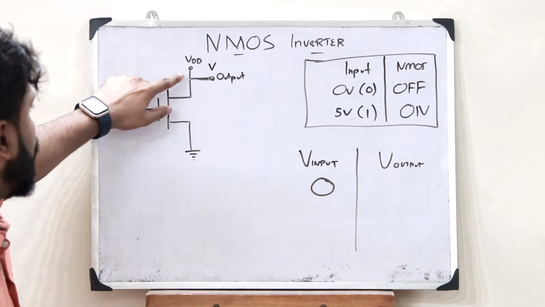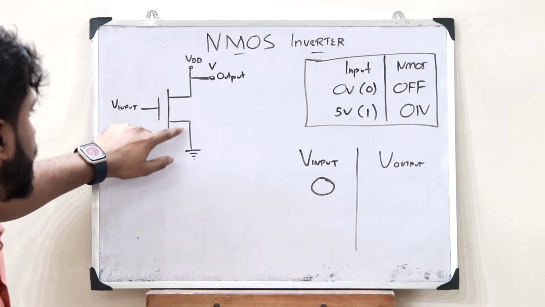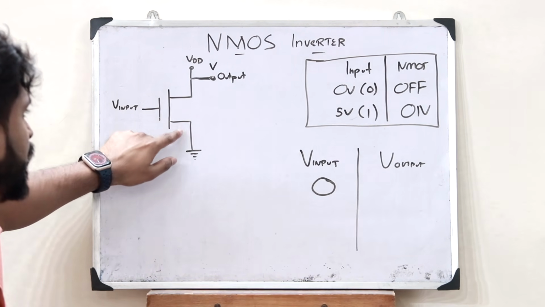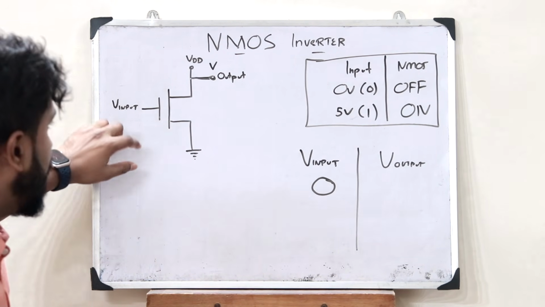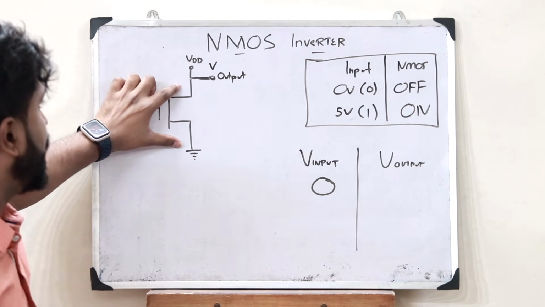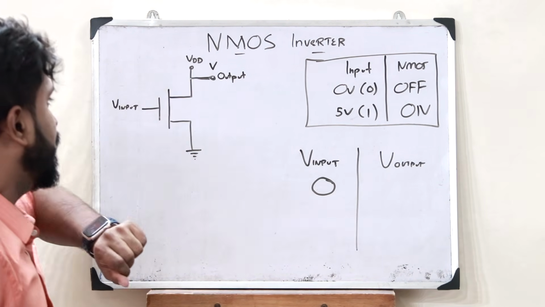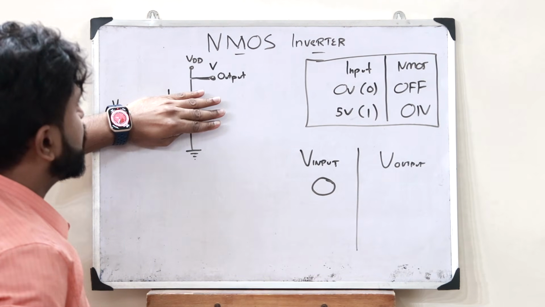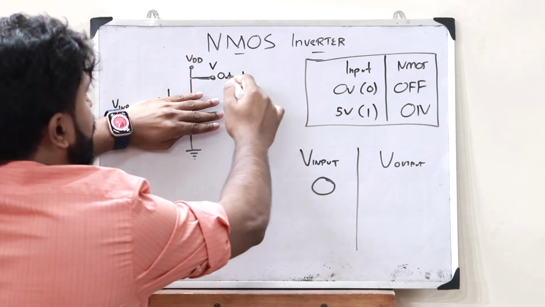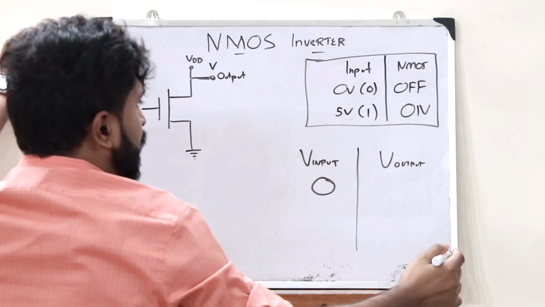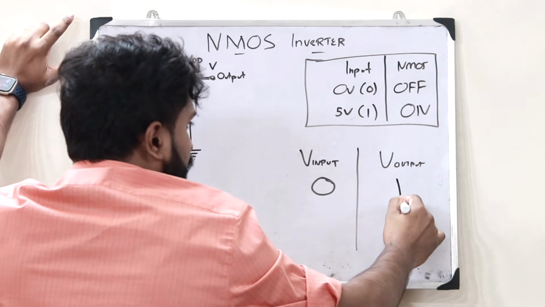Whatever comes from here, nothing goes to the drain. Because this switch is in the off condition, we will get an output over here, because this portion is not there. Whatever is coming from here, we will get as output. Therefore the output is 1.